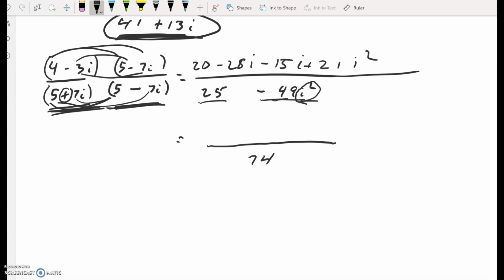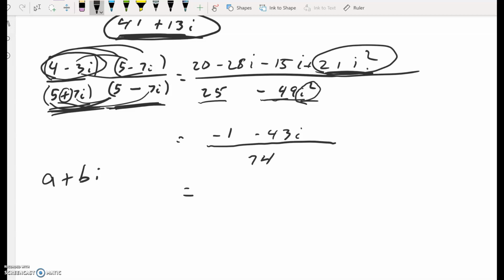On the top, this is 21 times negative 1, that's minus 21. 20 take away 21 is negative 1, and we have negative 28i minus 15i, that's minus 43i. That's actually a pretty good looking answer, but we really want this form because we want to show that we've divided one complex number by another complex number and have a complex number.